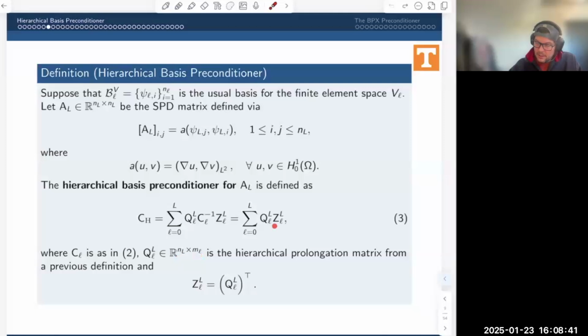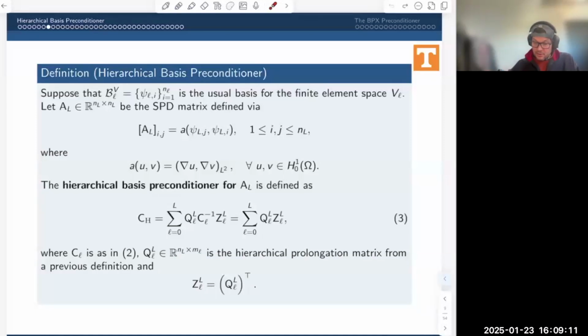And Z_LL is the transpose of that. So each one of these guys is a square matrix of size N_L by N_L. When I multiply these two things together, regardless of what little l is, when I add them all up, of course, I get a bunch of matrices which are all size N_L by N_L. And that gives me a matrix in the end, which is N_L by N_L.